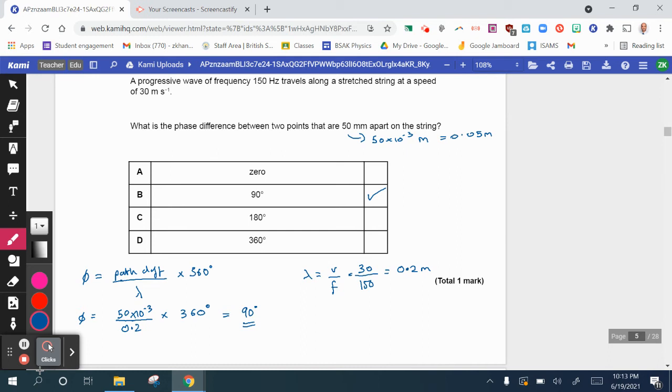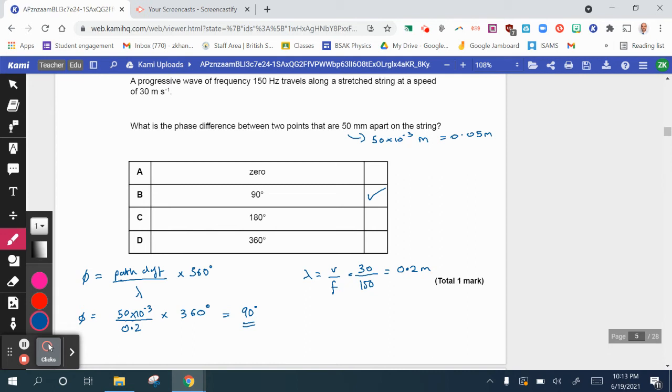The wavelength is 30 meters per second divided by 150 hertz, so the wavelength is 0.2 meters. That's something you can straight away work out with speed and frequency.